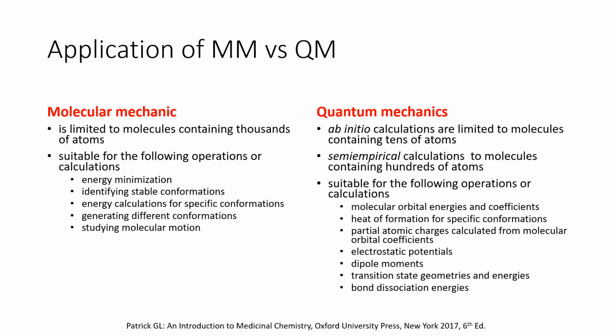Just to compare these two approaches or these two types of calculations, molecular mechanics calculations are limited to molecules containing thousands of atoms. You can see the list of applications, whereas the quantum mechanics approach, especially the ab initio calculations, is limited to molecules containing tens of atoms because the calculations are much more complicated.